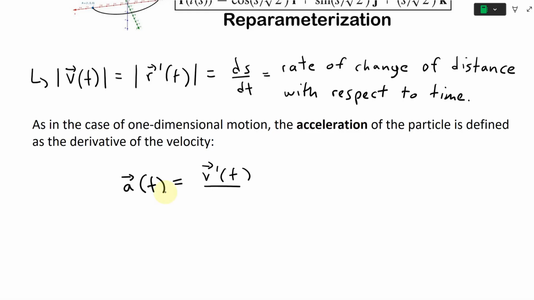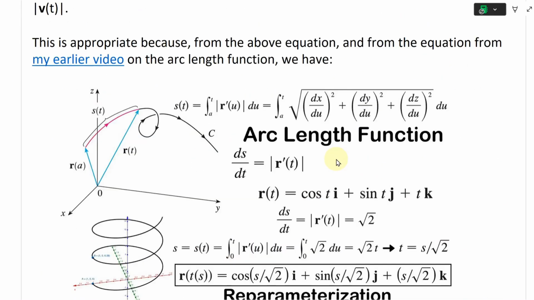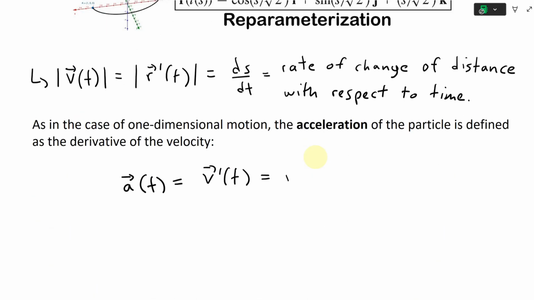I'm not dividing anything yet, that's just it. It's the derivative of the velocity vector, and remember, the velocity vector is equal to the derivative of the position vector, so in other words, it's the second derivative, the double derivative of the position vector r of t.